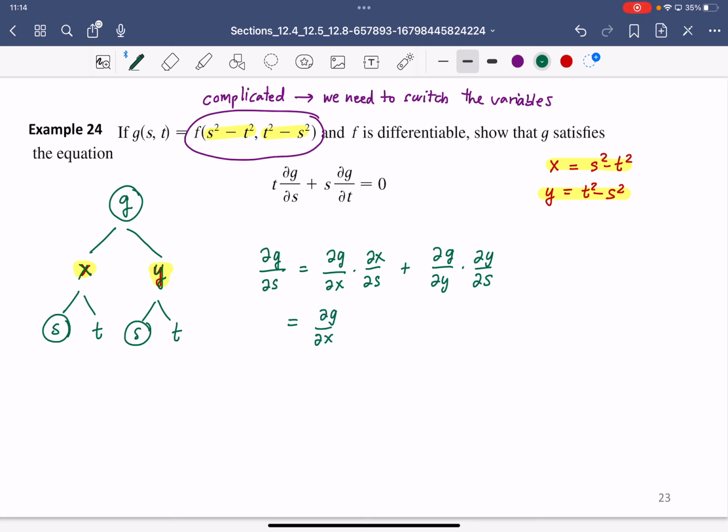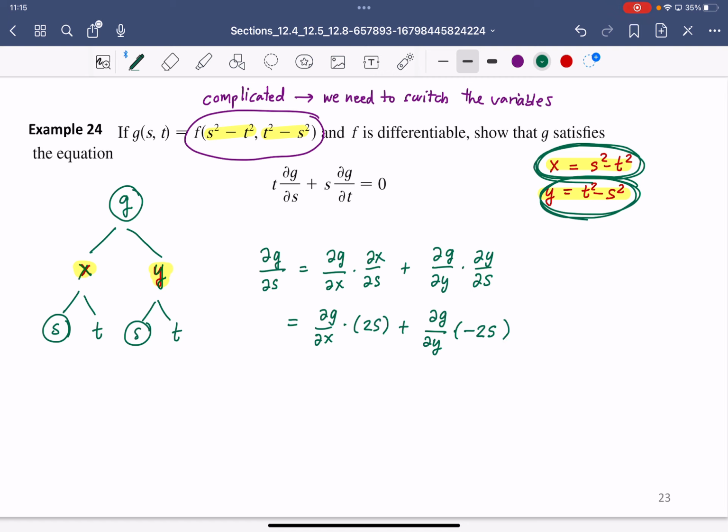You don't know the G function, so keep it there because you have no way to simplify now. Differentiate X with respect to S, so X is here, so you get 2S, right? You don't know function G, so keep ∂G/∂Y over there. But you differentiate Y with respect to S, so you get negative 2S.